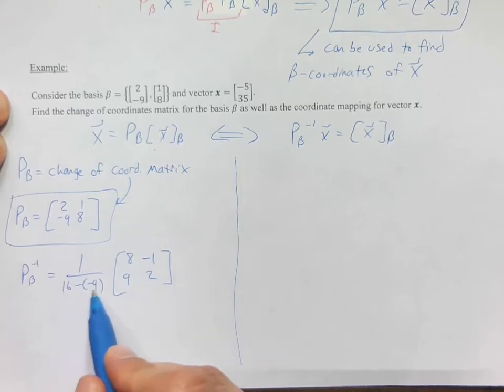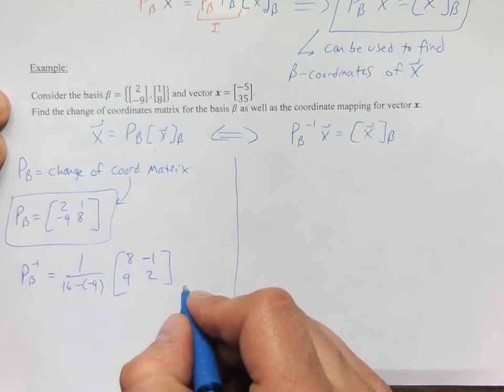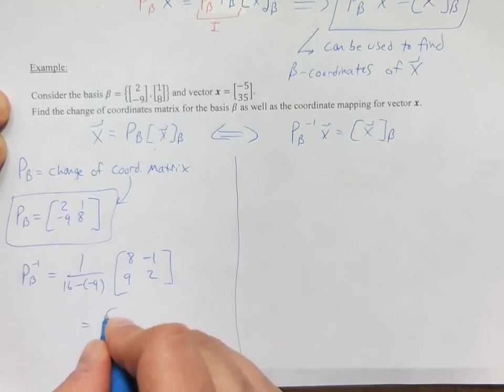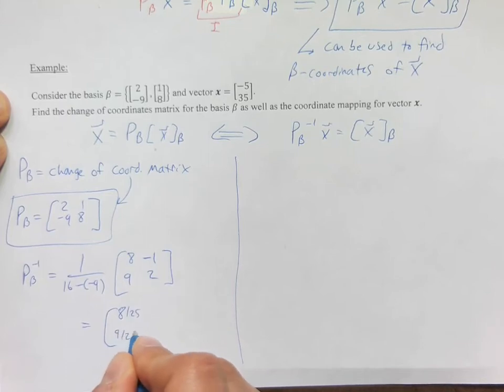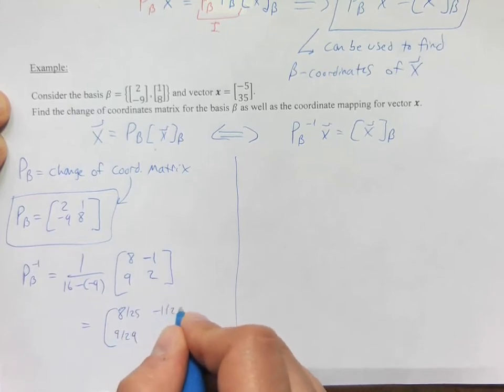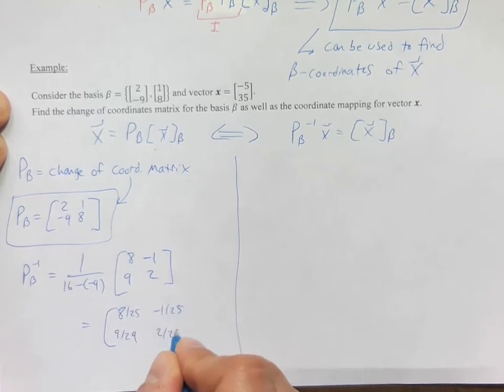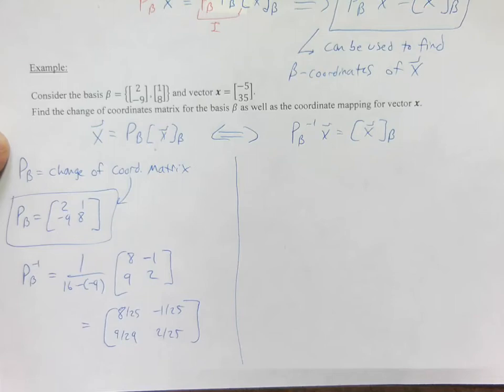This is then going to end up being 25 when you add those things, and so you end up dividing each of these by 25. So it becomes 8 over 25, 9 over 25, minus 1 over 25, 2 over 25. That's the inverse of the coordinate mapping.